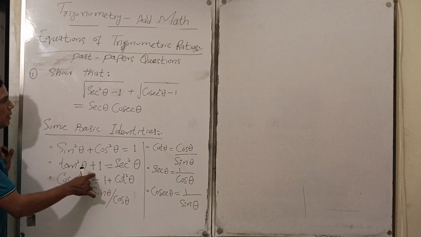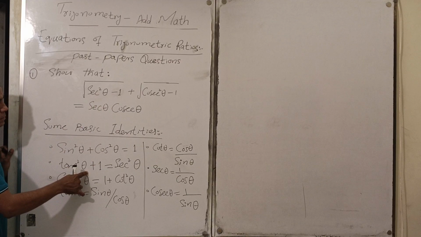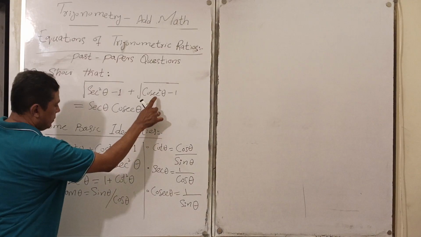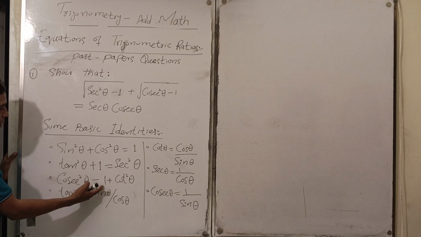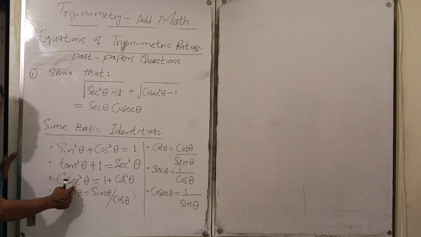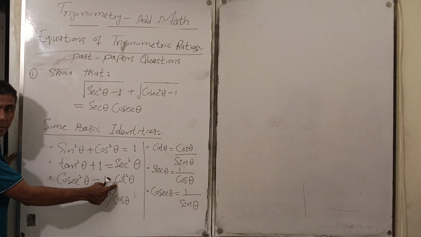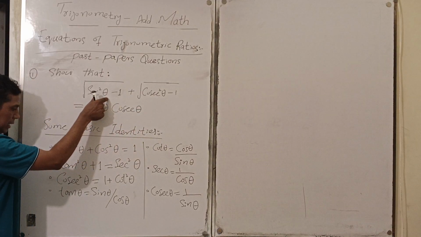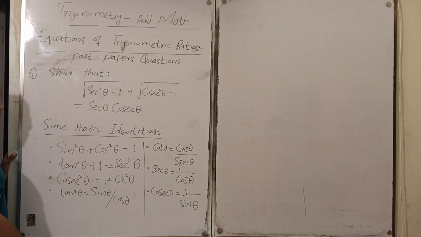Tan square theta plus 1. And what can I put here? Cosec square theta minus 1 is cot square theta. Clear? So I can put here cot square theta, or here tan square theta plus 1.